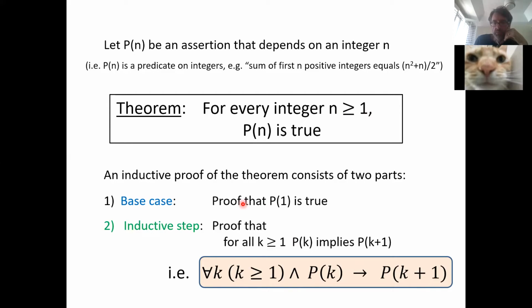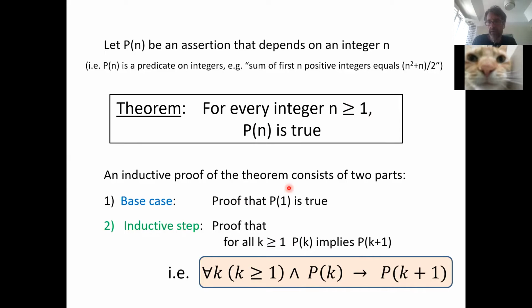Now, this statement and this implication, the implication preceded by the for all, together imply this statement, that for all integers n, P(n) holds.